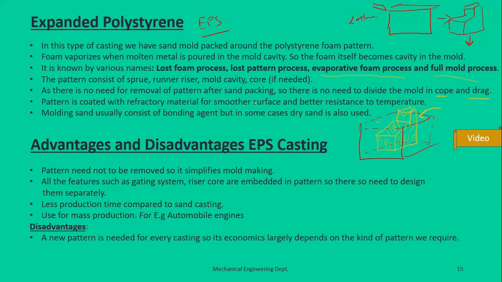So we coat it to get a smoother surface in our final product, and also for some resistance to temperature, because we want it to sustain some amount of heat for some period of time, so that the molten material will have enough time to enter the pattern cavity and fill this space completely.